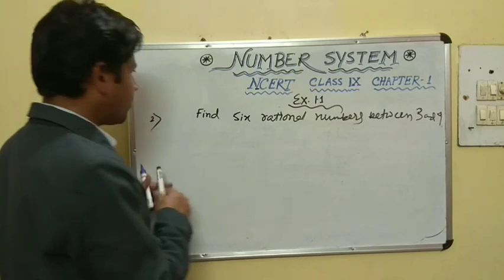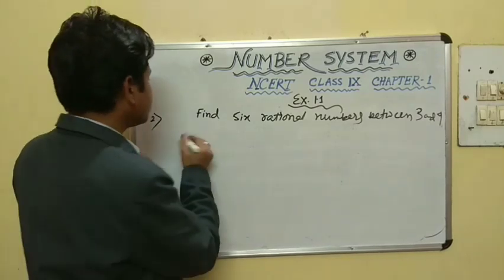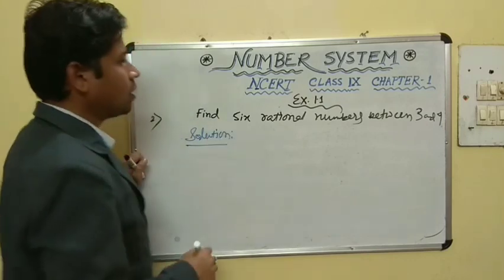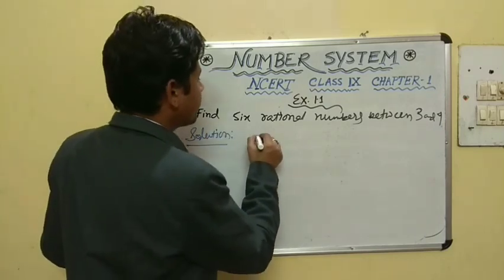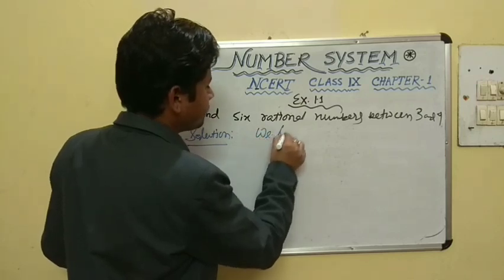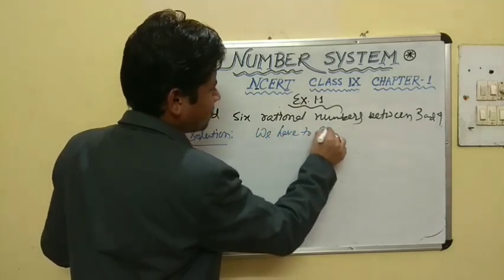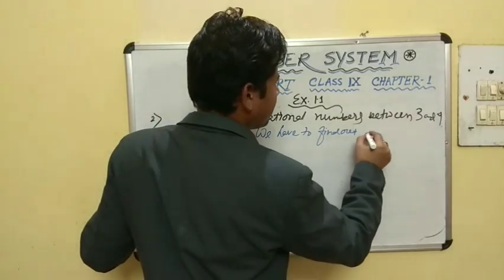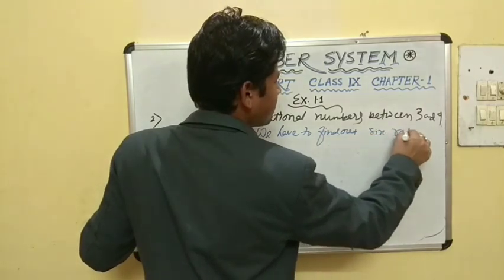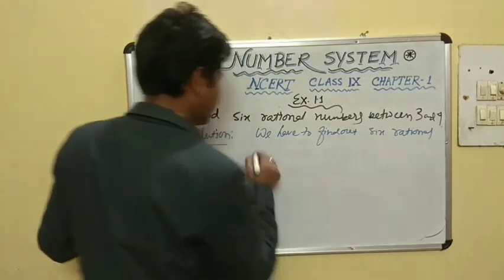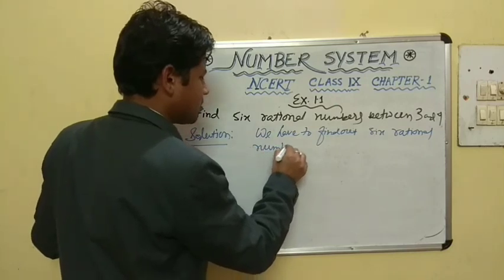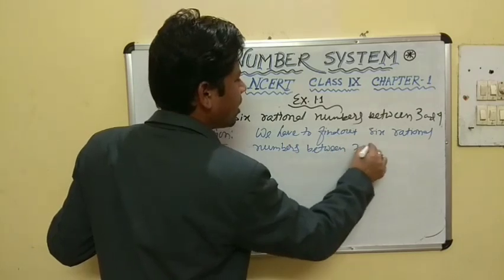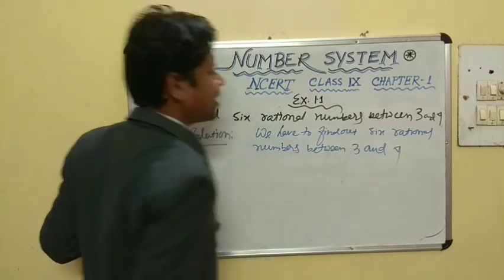The given numbers, I am going for the solution. We have to find out six rational numbers between 3 and 4. Listen carefully.